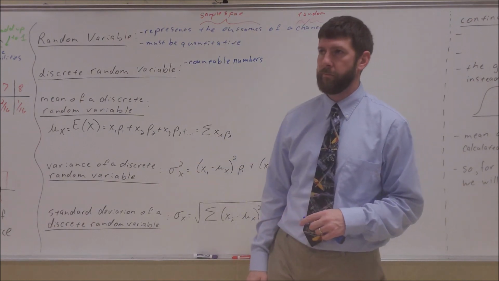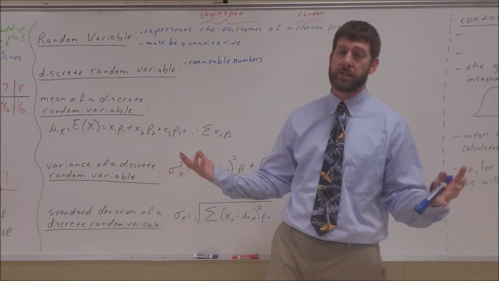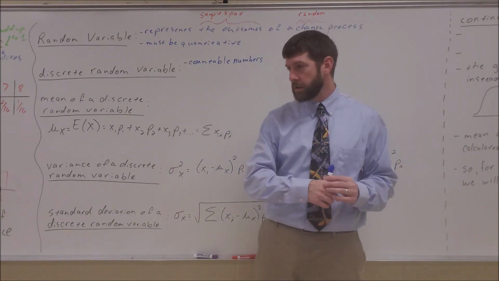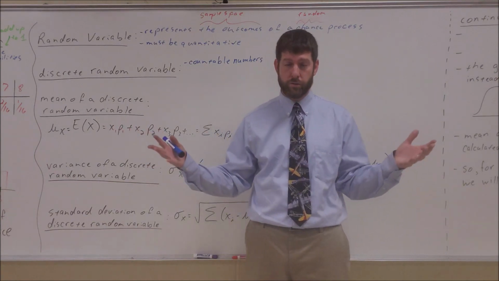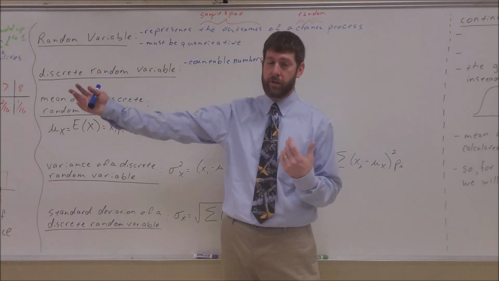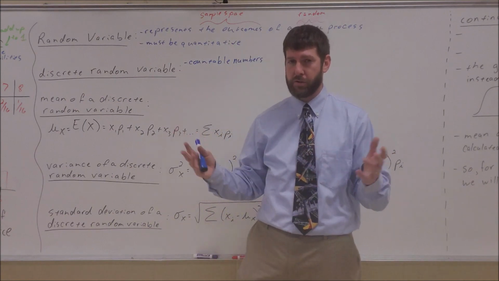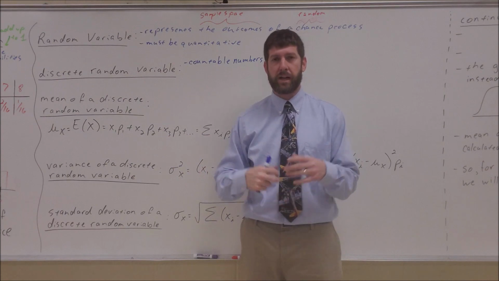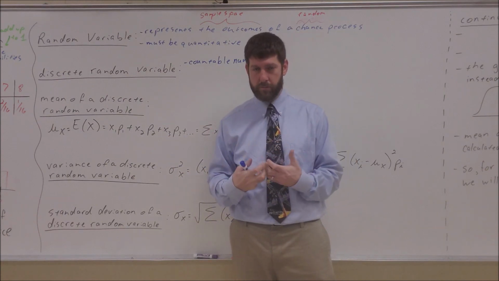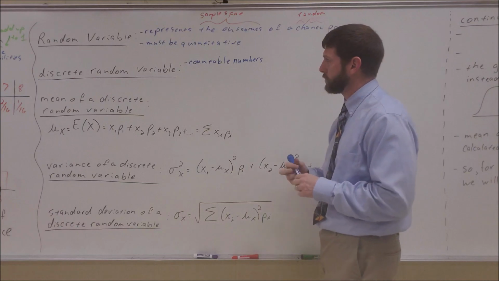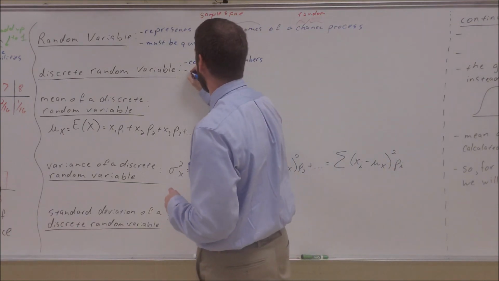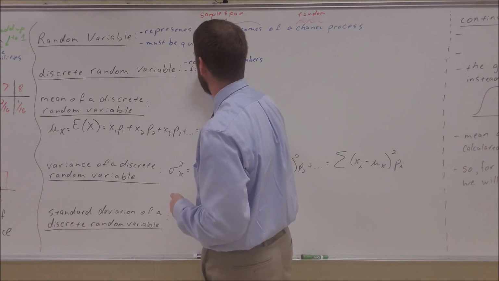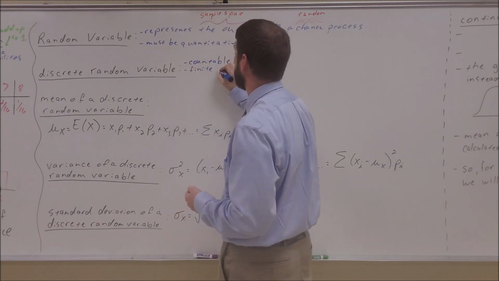So if I was counting, say, the number of siblings that a random student has, those should be countable numbers, right? They should be somewhere between 1 and 100 realistically. And it could be more than 100 possible siblings for a student, I don't know. But it's a number I could definitely count to. There's not infinitely many possible outcomes to that answer. So countable numbers, so a finite number of outcomes. So a finite sample space.